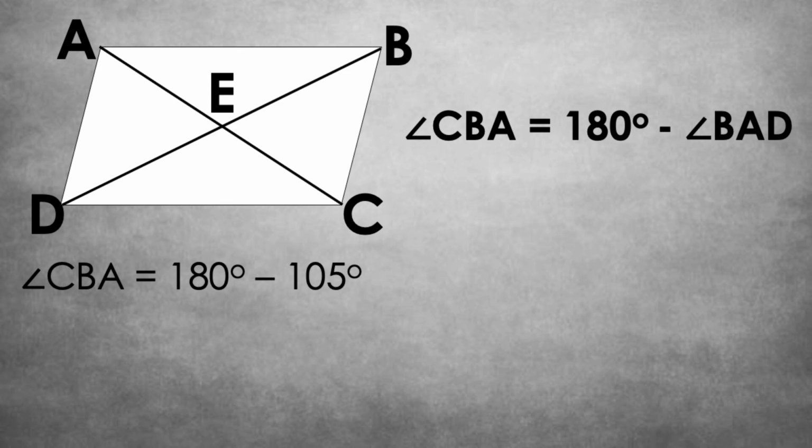Simplify, we have 180 degrees minus 105 degrees. And we will obtain that the measurement of angle CBA is equal to 75 degrees.